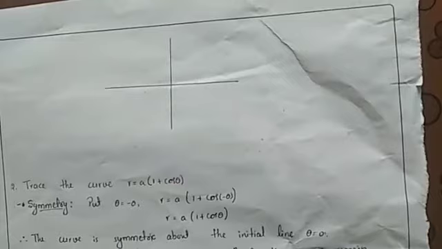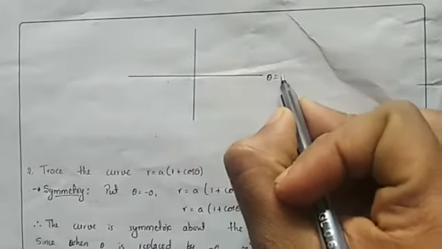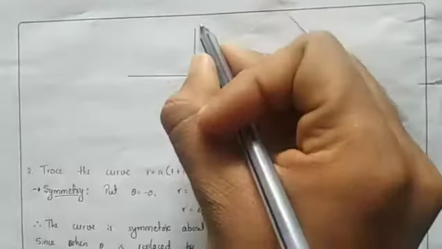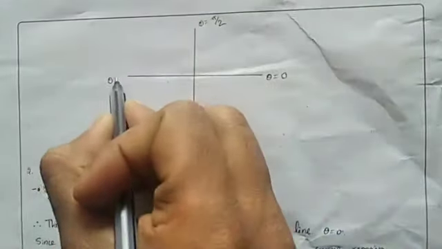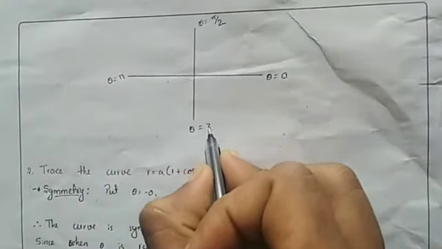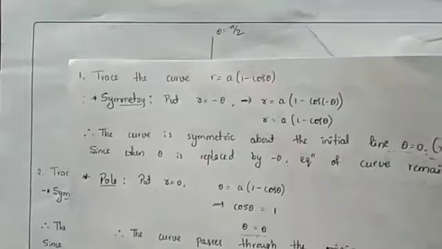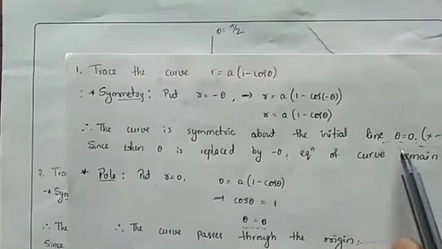The next one is your tracing of the curve. This line is theta is equal to 0 line. This line is theta is equal to pi by 2 line. This line is theta is equal to pi. This line is theta is equal to 3 pi by 2. The first point is the symmetry. In the symmetry, the curve is symmetric about the initial line, theta is equal to 0.